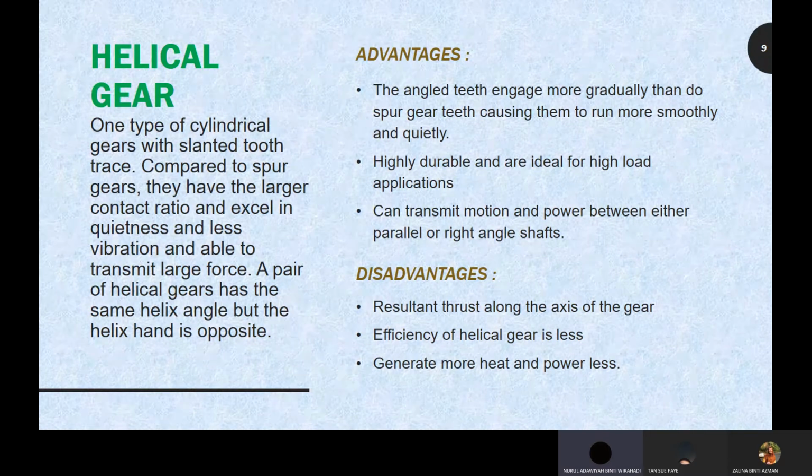Advantages for this gear are the teeth engage more gradually than do spur gear teeth, which causes them to run more smoothly and quietly. Highly durable and ideal for high load applications. Can transmit motion and power between either parallel or right angle shafts. Disadvantage is resultant thrust along the axis of the gear. Efficiency of helical gear is less, and it generates more heat and power loss.